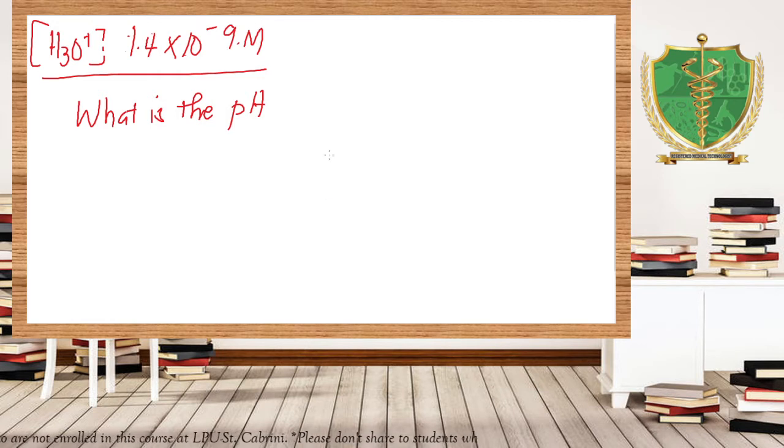So definitely we're going to compute it. So negative log 1.4 times 10 raised to negative 9 will give us 8.85. So the pH is 8.85.